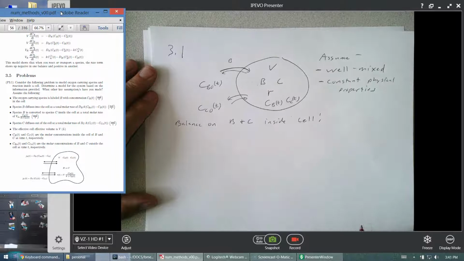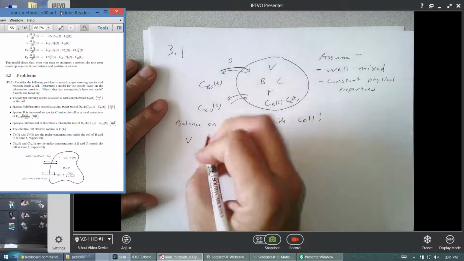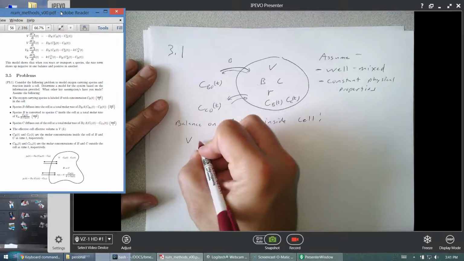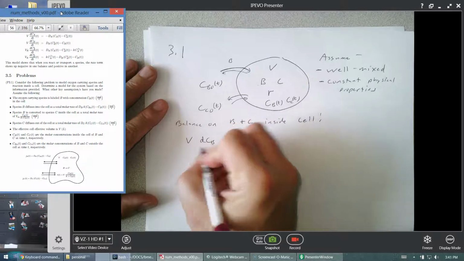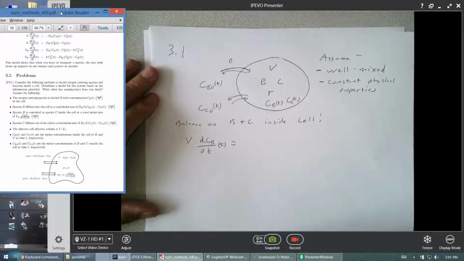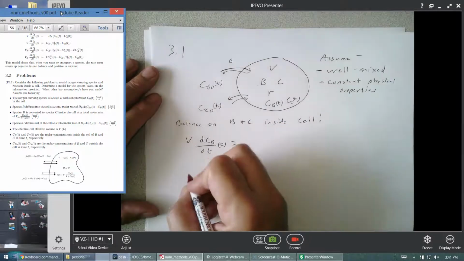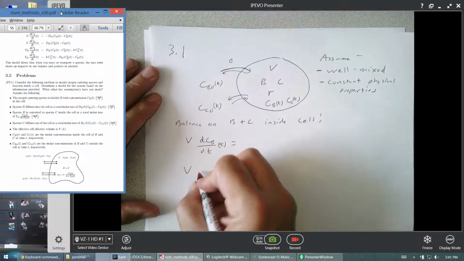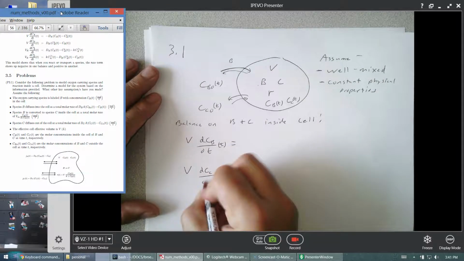So things like the reaction rate coefficient, diffusion rate coefficients, those things won't change under this model. First, we have to get our accumulation rates. So we know the volume of the cell is V. For species B, it's V times dC_B dt. And for species C, it's V times dC_C dt.